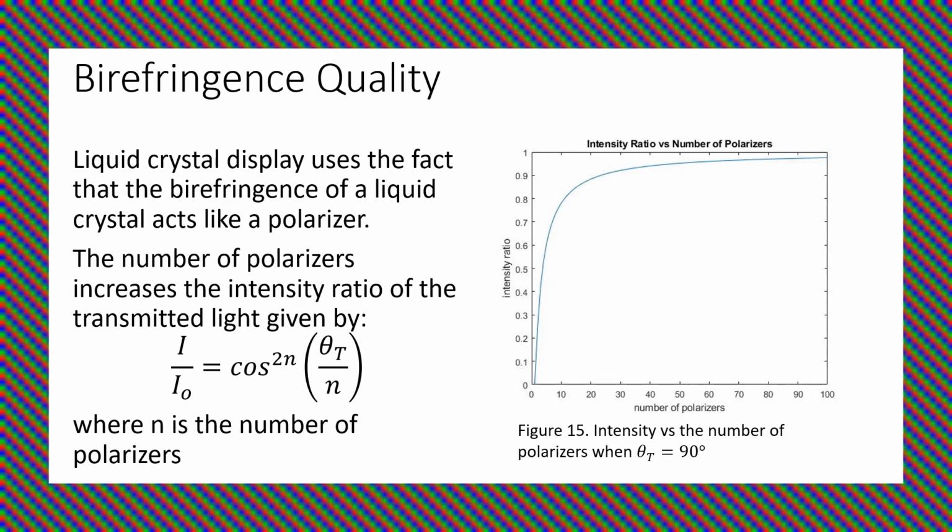Therefore, with a rotation of 90 degrees, there's essentially an infinite amount of polarizers, so the transmitted intensity for the liquid crystal rotated 90 degrees is essentially 1. This is not always exactly true, as it's not really infinite and depends on the thickness of the liquid crystal. But it's a safe assumption that it's at least bigger than 100 polarizers, and 100 polarizers is way above 90%.